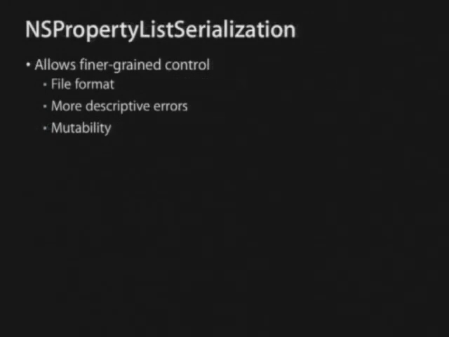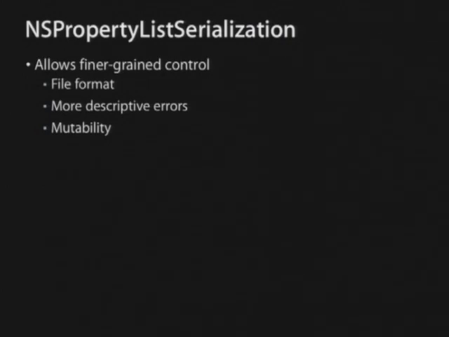There's some bits of code in this class called NSPropertyListSerialization that allow you finer grained control of how this property list gets written out to disk. First of all, those convenience methods that I showed you before will use the XML format. If you want to use binary, or I'm not sure if there are other formats, I think there's some sort of legacy format, you can specify that. You can do more precise error handling.